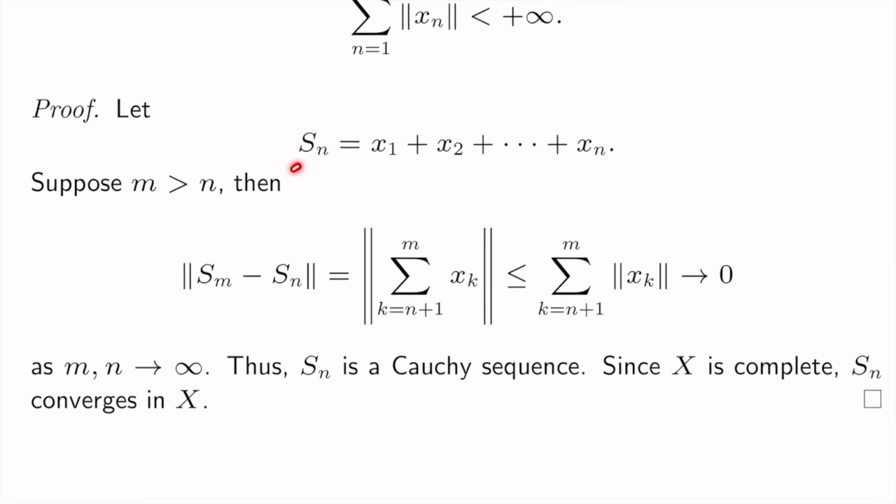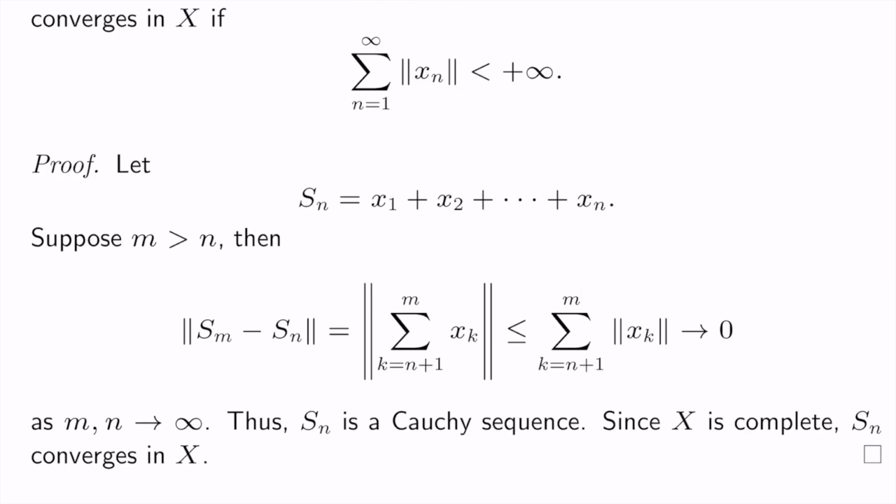Let us define Sn as the partial sum of the series and pick some natural numbers m and n with m greater than n. Then take the difference between Sm and Sn and take the norm of the difference, which becomes this. So this is the sum of the terms xk, where k runs from n plus 1 to m.